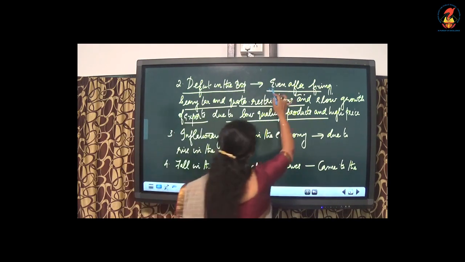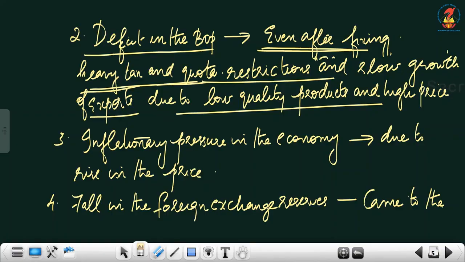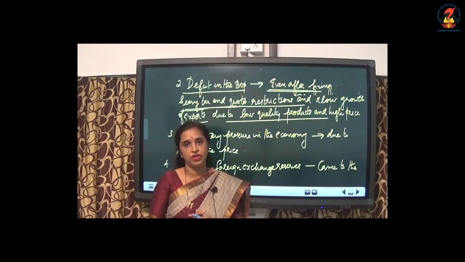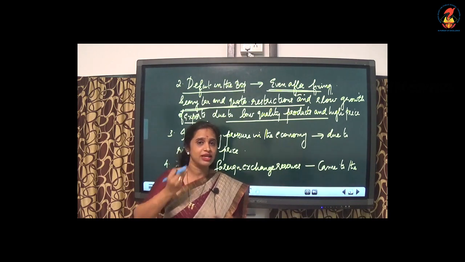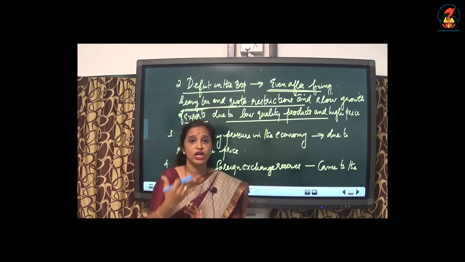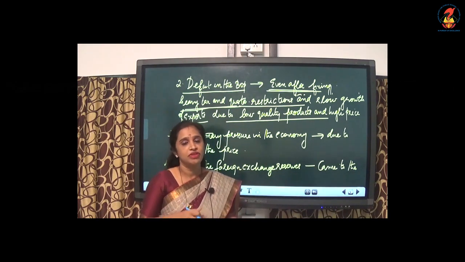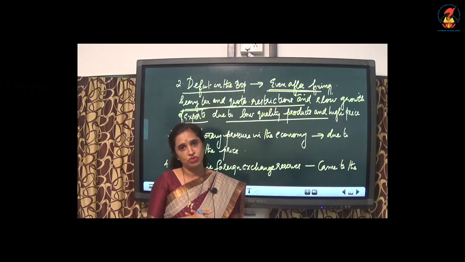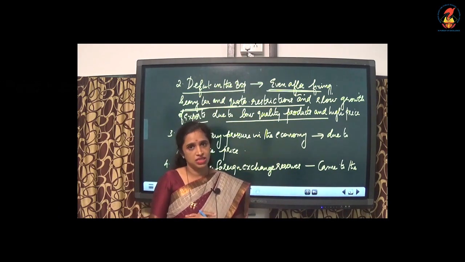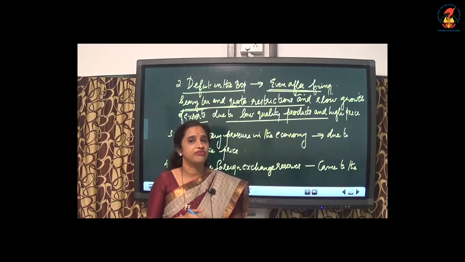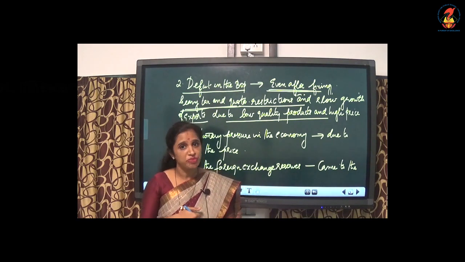Even after fixing the heavy tax and quota, heavy taxes were also imposed on imports. Even with these two measures, the government couldn't control imports, because necessary items which we were not able to produce ourselves, we were forced to buy from outside. Therefore, payment was greater than receipt, and it caused a deficit in the balance of payment.